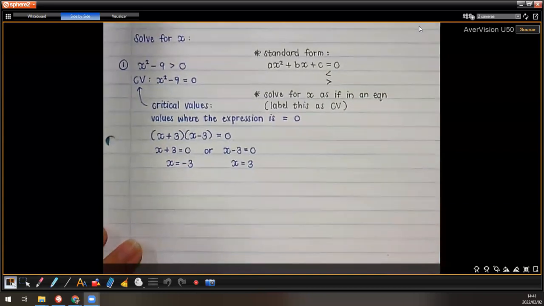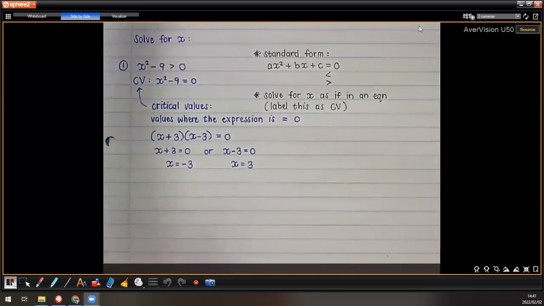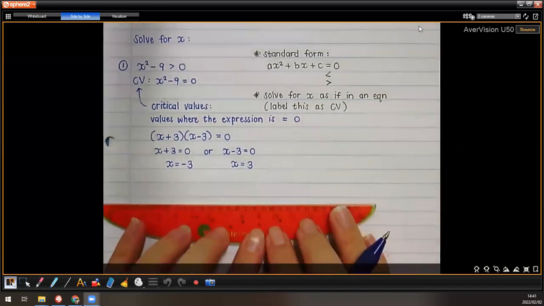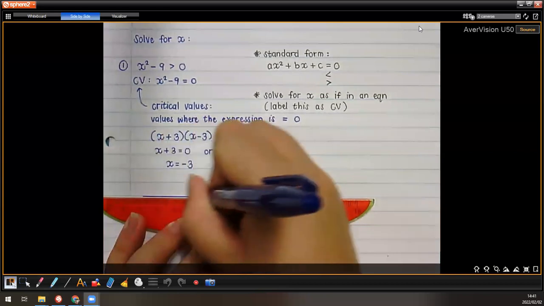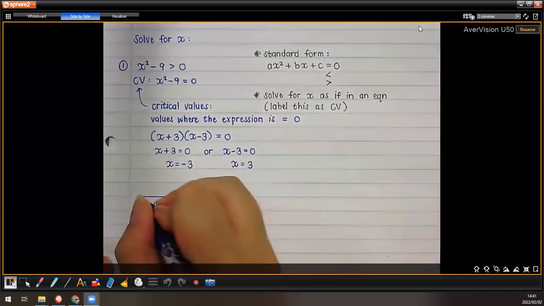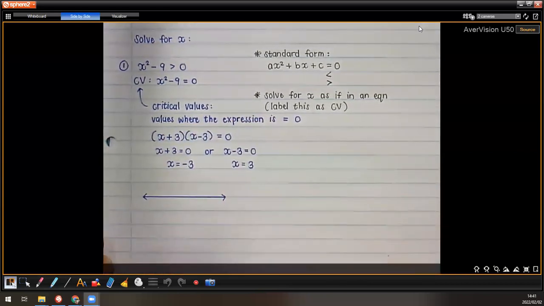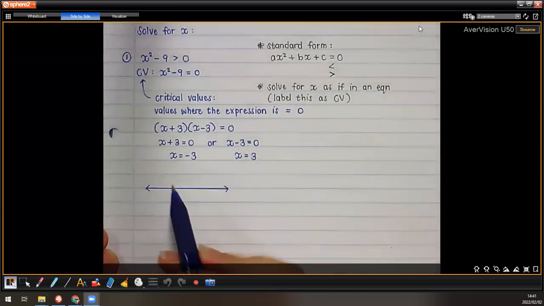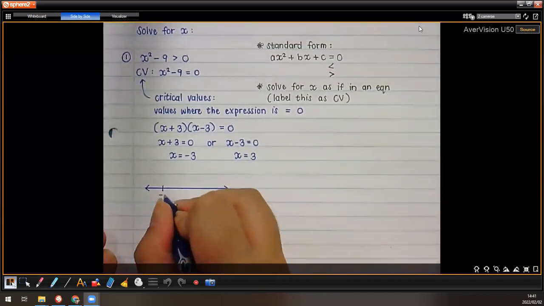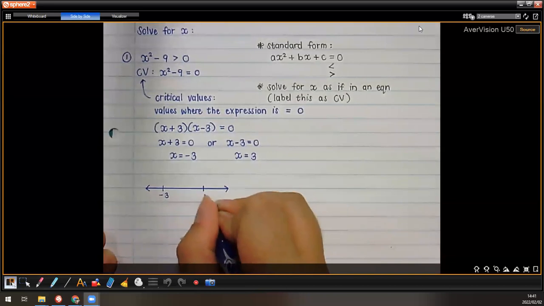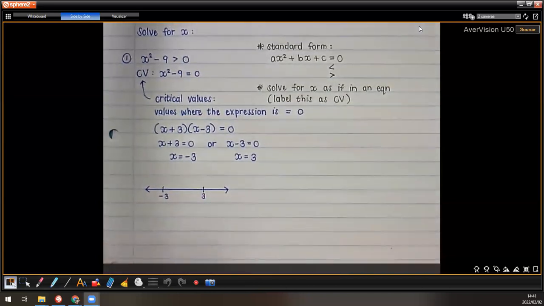Step 3 is you are now going to draw a number line with those critical values on the number line. You're just going to take your ruler, just like we did earlier with number lines. You draw a line, you put the smaller number first, so negative 3, the bigger number next, positive 3.